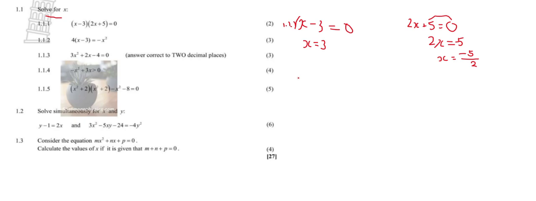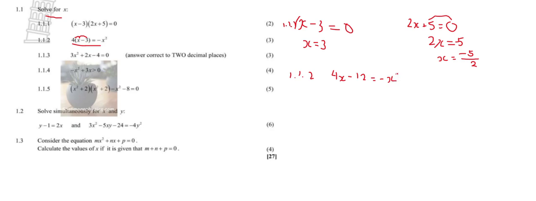Now 1.1.2. The first thing we try to do is take this 4 and spread it to the x and negative 3. When we spread it out, we're going to have 4x minus 12 equals negative x squared.